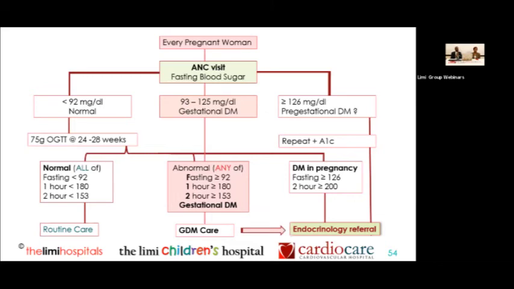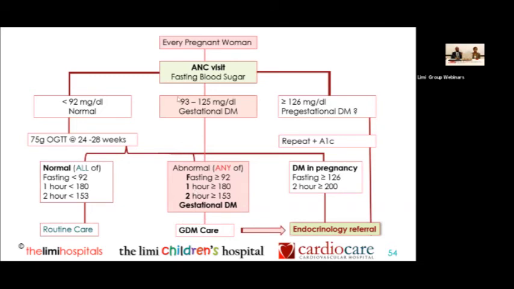In the people that have a normal result at this first contact, again at 24 to 28 weeks you do a formal OGTT. This is a liberal screening approach, screening almost everybody. If the OGTT is normal at that time, you just manage as a normal pregnancy. But if the OGTT is abnormal at 24 to 28 weeks, you can make a diagnosis of gestational DM and then you treat as such.